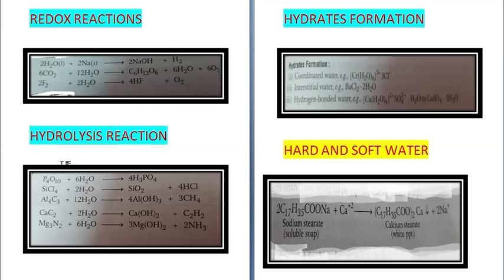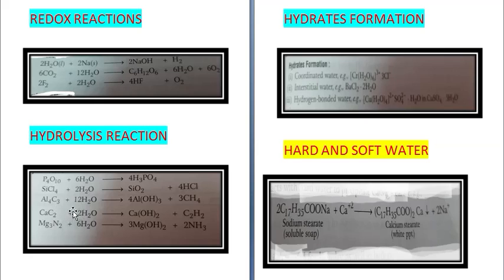Then water also takes part in hydrolysis reaction and hydrolyzes the substances reacting with it. First is P4O10 plus 6H2O gives you 4H3PO4 phosphoric acid. SiCl4 plus 2H2O gives SiO2 plus 4HCl.